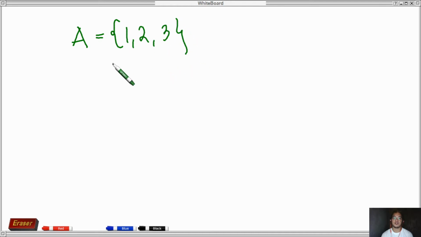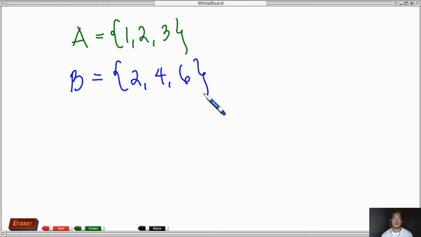And we have set B: 2, 4, and 6. Now, listen very carefully. This is very complicated. If we're dealing with the difference of sets, there are two concepts. Actually it is one concept, but I will discuss it as two different concepts.